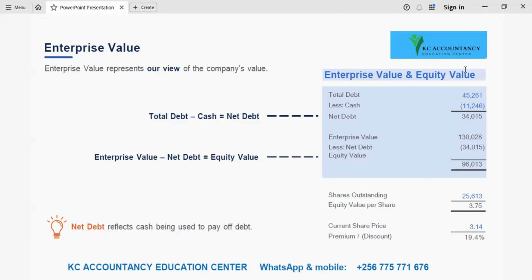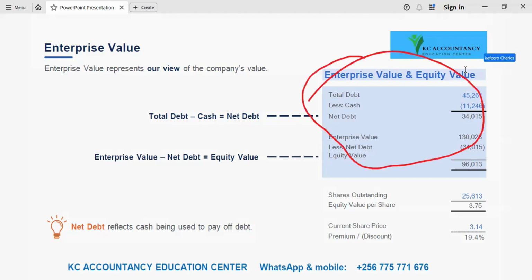And you can see here on the right hand side, we've computed that enterprise value of 130. Now, the enterprise value really represents our view of the company's value.